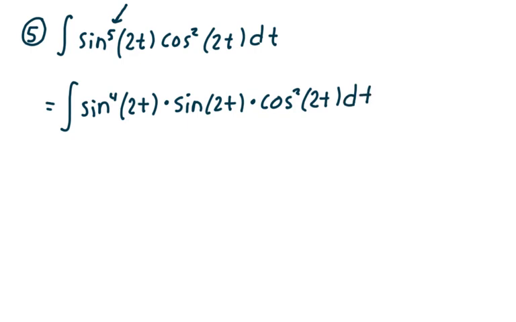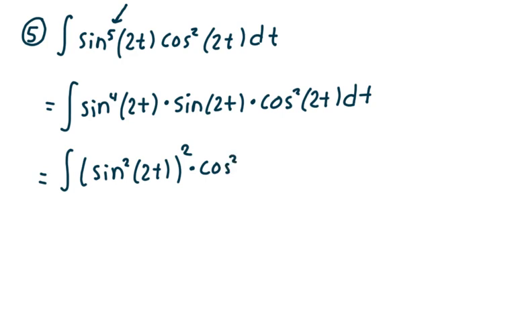Now, don't forget, sine to the fourth of 2t is sine squared of 2t, squared, times cosine squared of 2t times sine of 2t dt.